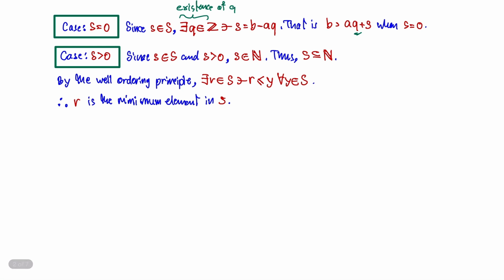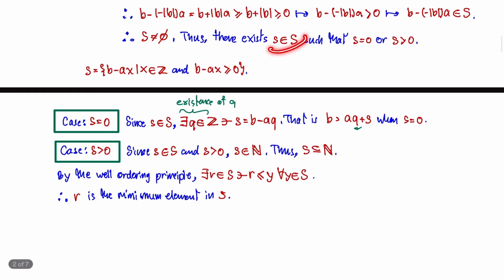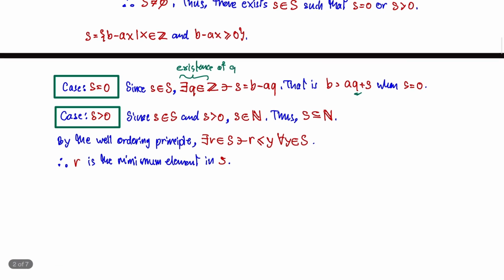Since R is the minimum, and S is just an element in set S, right? But R is the smallest. So what happened to S and R? We're going to have S in this set S must be greater than or equal to R, right? Because R is the smallest.